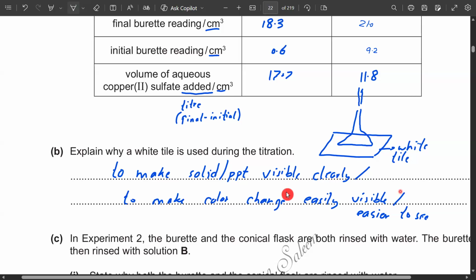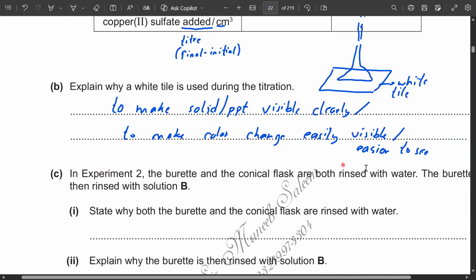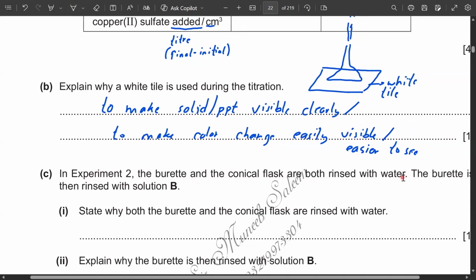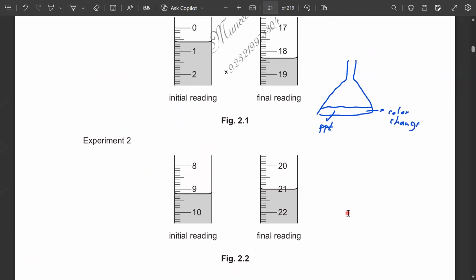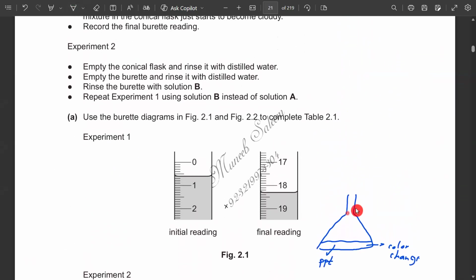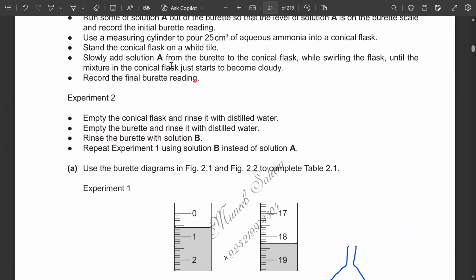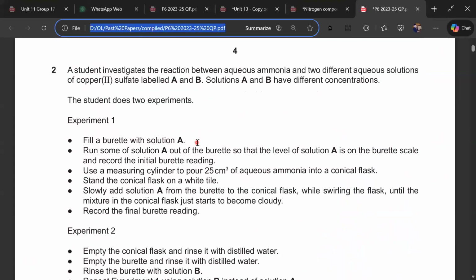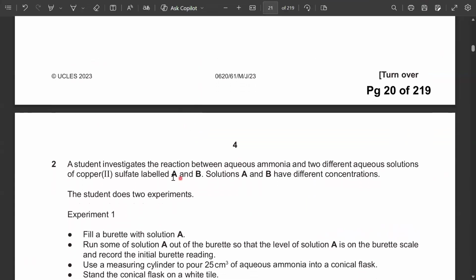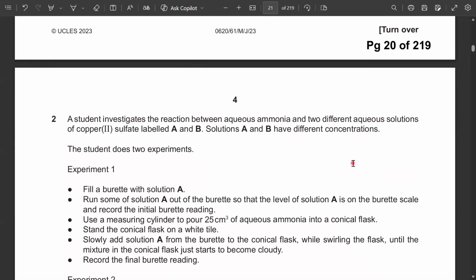That's why. Then C part says in experiment 2, the burette and the conical flask are both rinsed with water. The burette is then rinsed with solution B. State why both the burette and the conical flask are rinsed with water. So if we remember, experiment 1 was being conducted using the solution A. But in experiment 2, we had to use the solution B instead of the solution A. So we remember both A and B are basically different solutions of the copper sulfate having different amounts present in them.